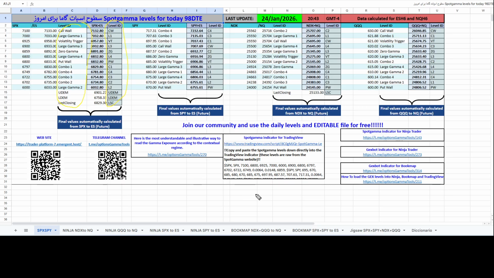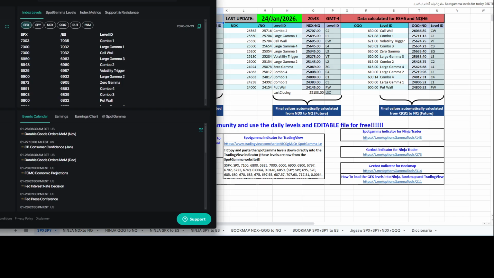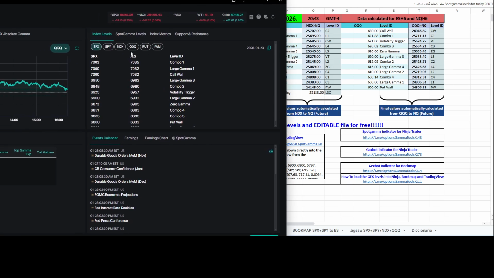Also, you can download the spot gamma GEX information that I extract from the spot gamma website.